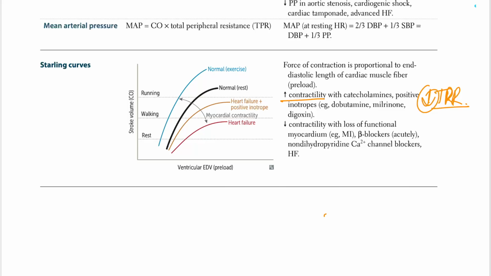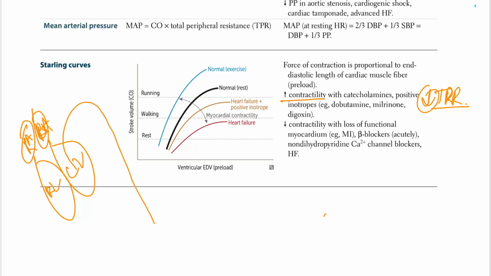What is TPR again? This is a simple thing, but very high yield. You have the right atrium, right ventricle, left atrium, left ventricle. Whatever the heart is trying to push out into the vessels, that resistance is your TPR, total peripheral resistance.